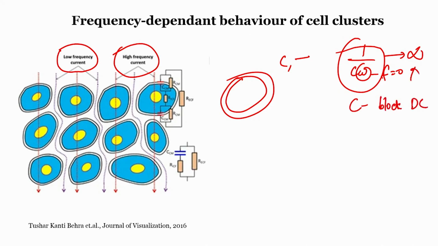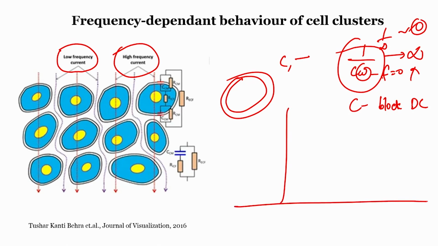And at very high frequency, the capacitor impedance becomes close to 1 by infinity, which is roughly 0, a very small value, right. So, what that means is, let us say I take the spectrum, this is very high frequency, this is low frequency, this is DC, 0 hertz.